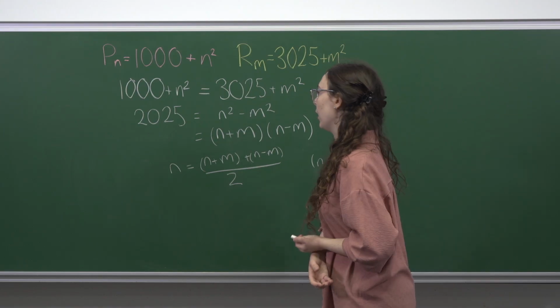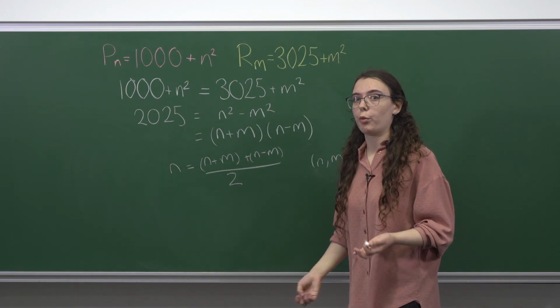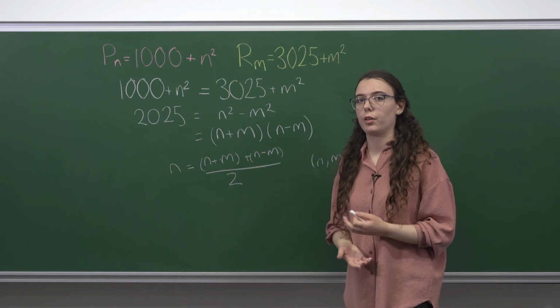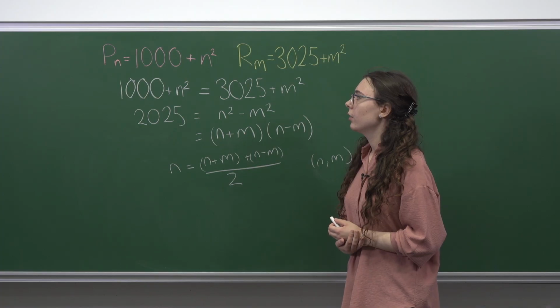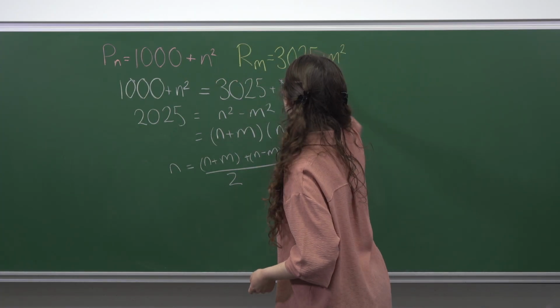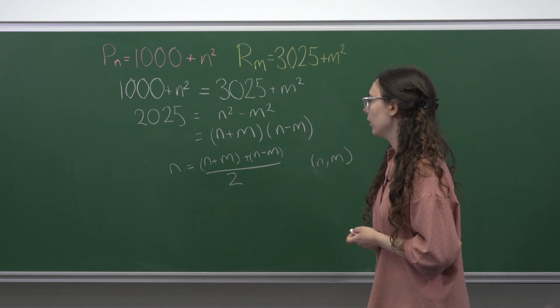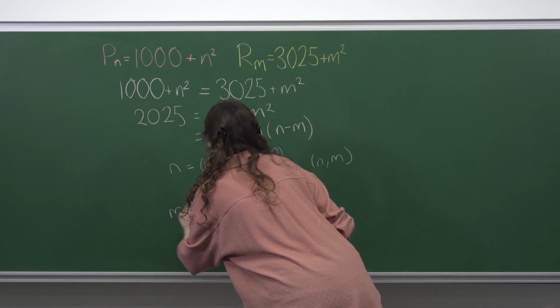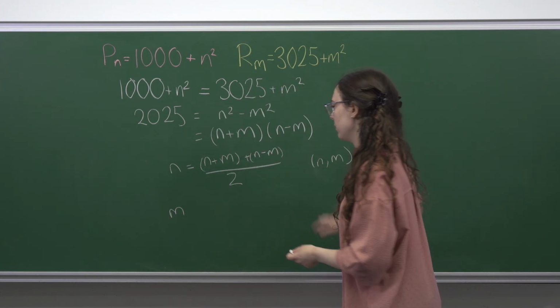So we're also asked to find the smallest number other than 3,025, which is in both sequences. So this is going to correspond to the smallest solution pair for n and m. So let's just write up what m is in terms of these two factors.